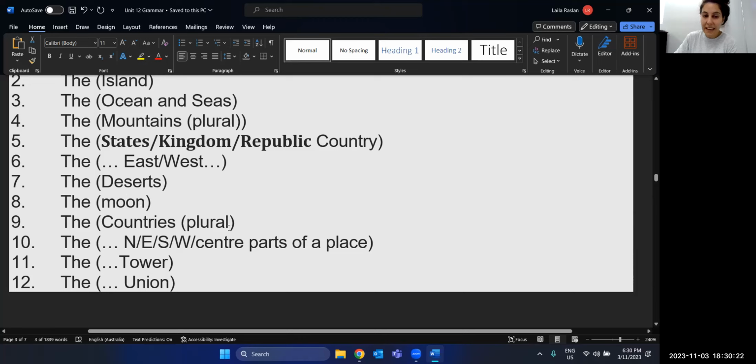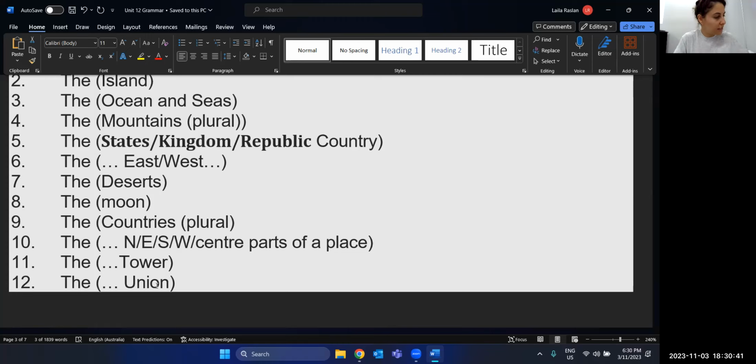If the country has an S in it, like the Maldives, we say the. If it has northeast, southwest parts of a place, you say the. If it has the word tower, the Eiffel Tower. If it has union in it, like the United Nations, the union, I think we had one just before with union. I forgot the example, but there was one with union in it.